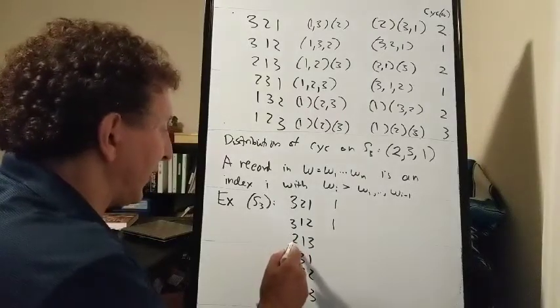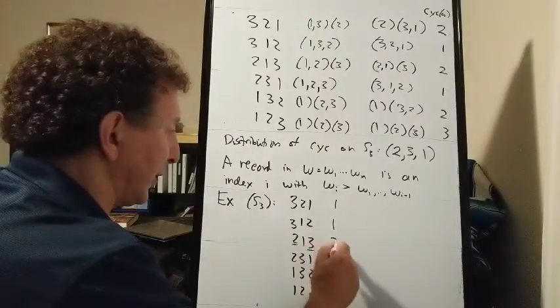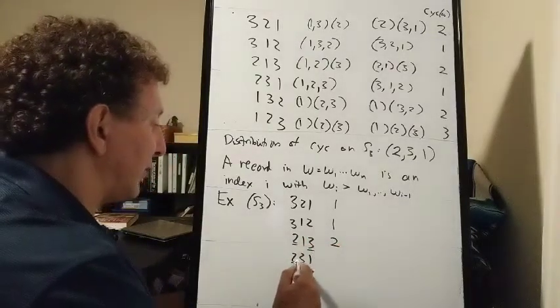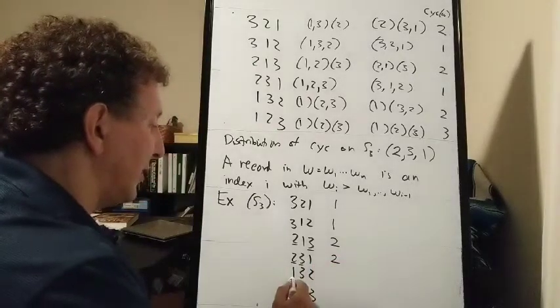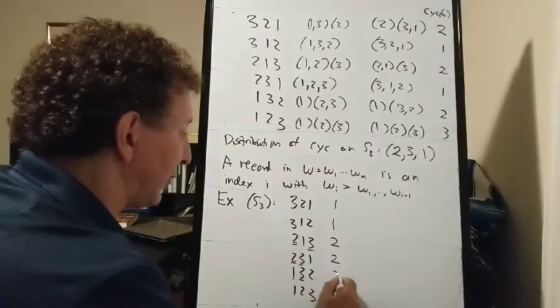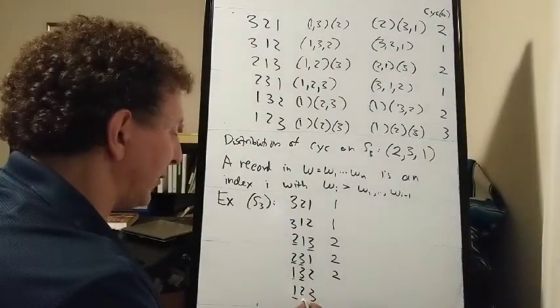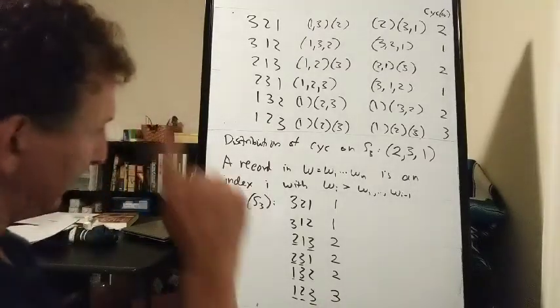This starts with 2, so that's a record, and then 3 is bigger than 2, so we have 2 records. Starts with 2, and then we get to 3, so again there's 2 records. I guess the first letter is always a record. 1 and then 3, so we've got 2 records. And 1 is a record, 2 is bigger than that, and then 3 is bigger than that. So we have 3 records here.